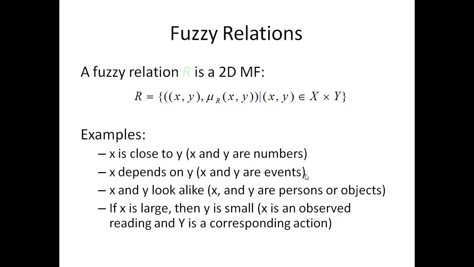If x is large, then y is small, where x is an observed reading and y is the corresponding action. Then these are the examples of fuzzy relations to define the x and y variables.